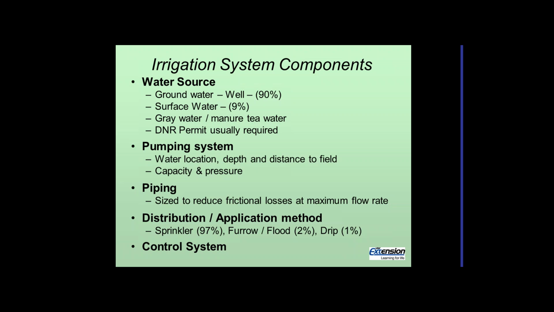The next part of it is the pumping system. This is bringing the water out of the ground, or the surface water, pressurizing it and moving it some distance to the place where it's going to be distributed. It will usually provide the energy for the distribution of that water.